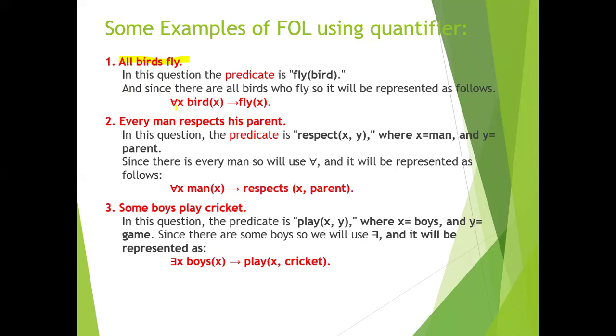So we use the for all symbol: for all X. The relation is bird, so X should be a bird, Bird of X. The entire statement is like an if-then. If it is true, then it will fly, Fly of X. So the statement holds for all X items in the universe.